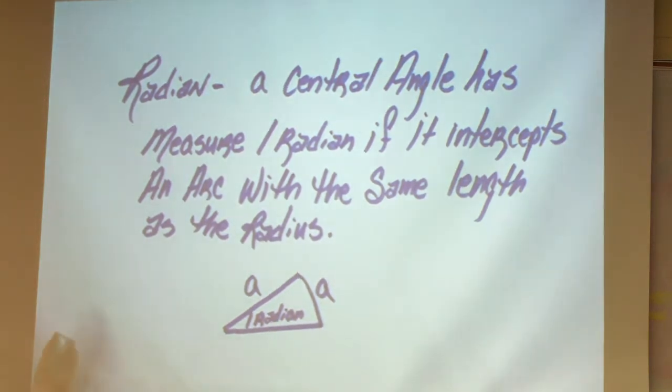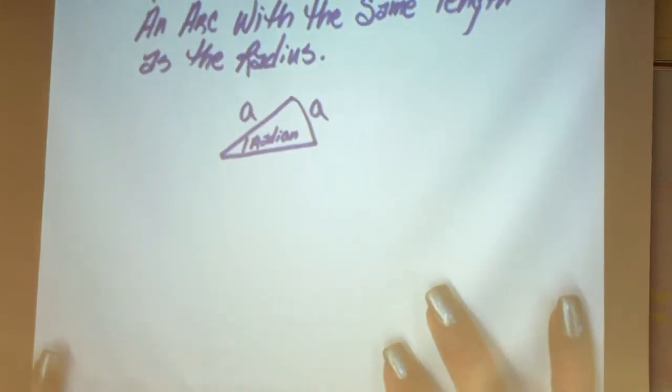Okay? Now, sometimes you're going to have to use radians as a measure for your angle or degrees. So you have to be able to convert between the two. So let's talk about the 2 conversion formulas that you can use.